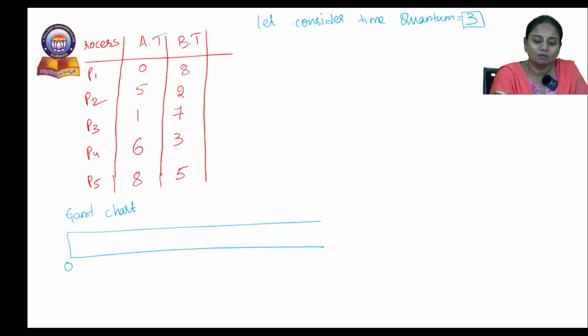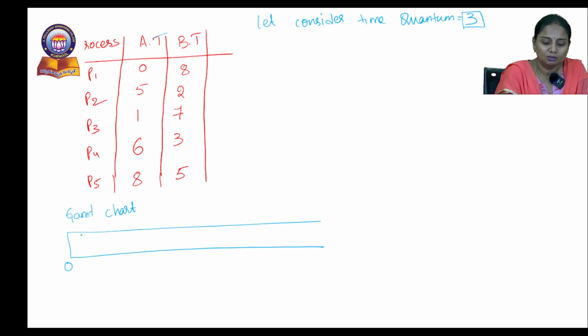Here process 1 has a burst time of 8. That is, process 1 needs 8 units of time to utilize the CPU to accomplish its task, but the operating system has assigned only 3. So the first time P1 gets the chance of utilizing the CPU, it will utilize only 3 units of time, and again it will get the chance to utilize the remaining burst time.